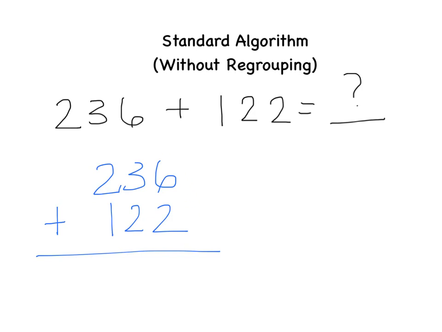For this equation, I'm adding, so I know that 6 plus 2 is 8. I know that 3 plus 2 is 5, and 2 plus 1 is 4. You always want to either add or subtract in the order of ones, then the tens, then the hundreds. Remember, your problems for tonight will not require regrouping.